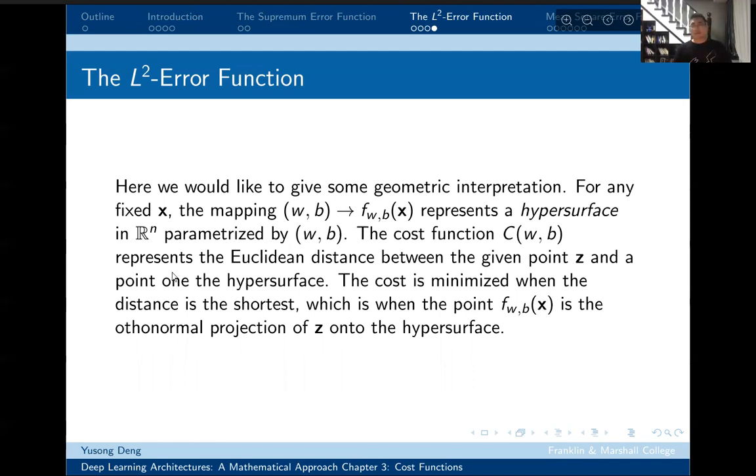And the cost is minimum when the distance is the shortest, which is when the point fx is the orthonormal projection of Z onto the hypersurface. So that is, for me, excellent. If you know something about linear algebra, you know there are many ways to calculate the orthonormal projection from one point to a surface, and that is excellent.